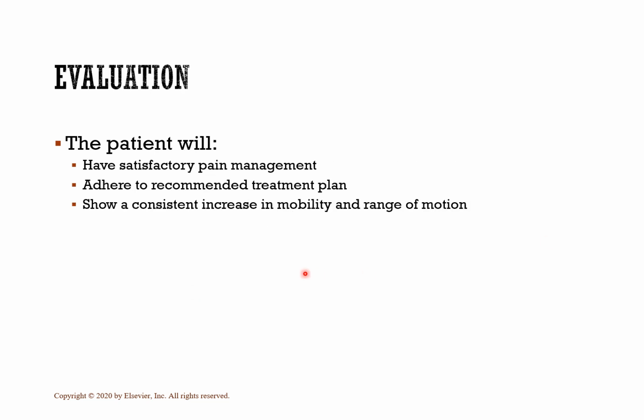All right. And after we've done all that, we remember once again what our goals were, right? So patient having satisfactory pain management, adhering to the recommended treatment plan, showing a consistent increase in mobility and range of motion, really making sure that our patient is okay.